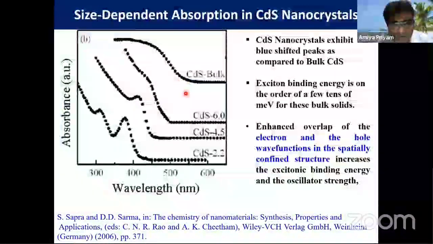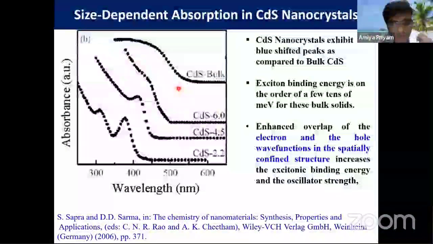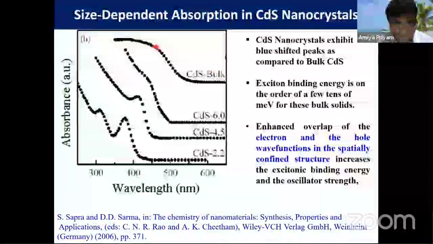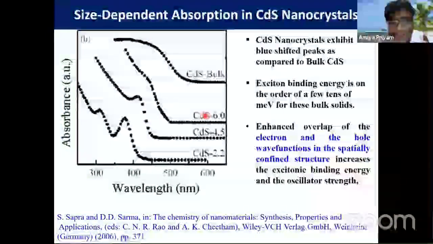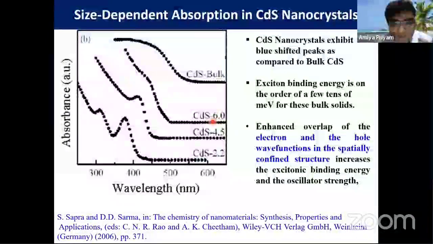sulfide. There are two important things that you can see here. For bulk cadmium sulfide, there is absorption, but there is no well-defined peak. As you decrease the size, I showed in the previous slide, the Bohr exciton diameter was 5.6.